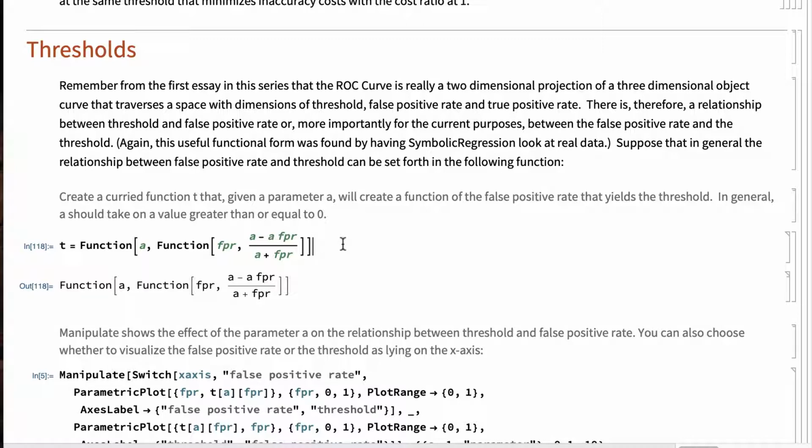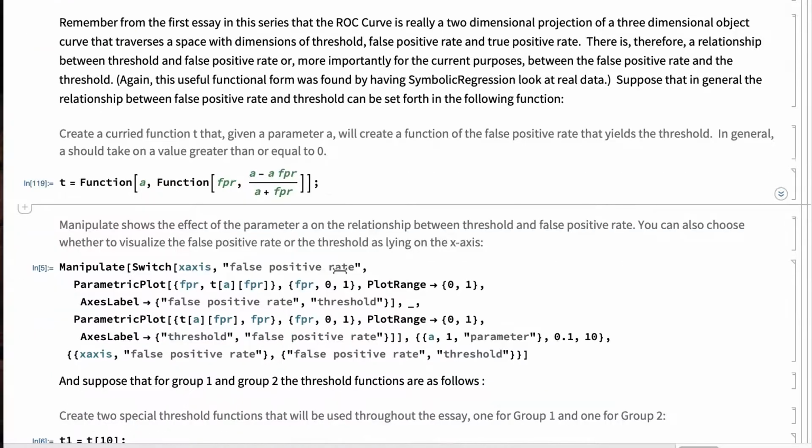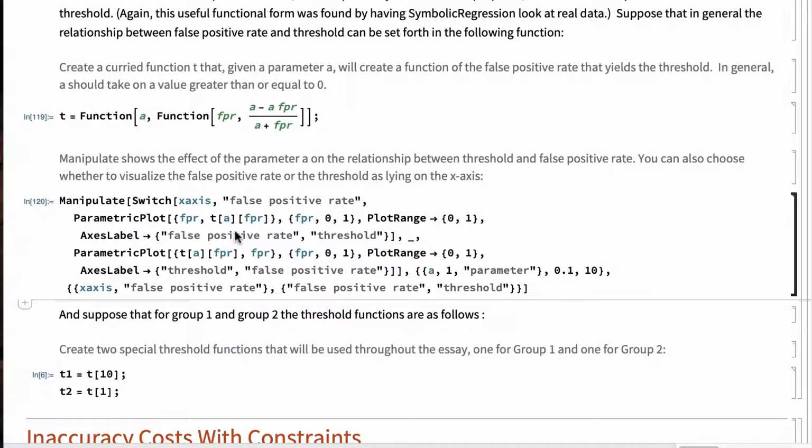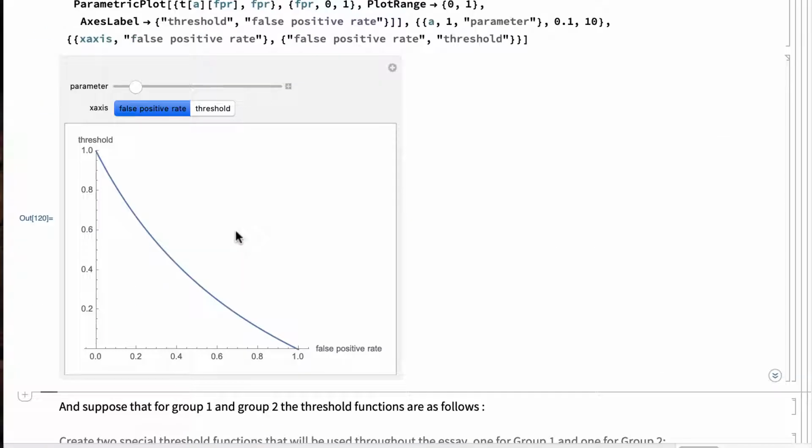And now, let's take a look at what the relationship is. What does this function actually look like? All right, and so what you can see is that if the parameter value is relatively low, then there's almost a linear relationship between the threshold and the false positive rate.